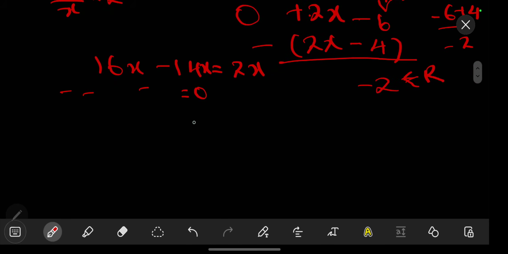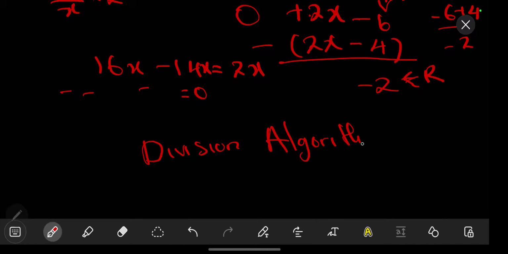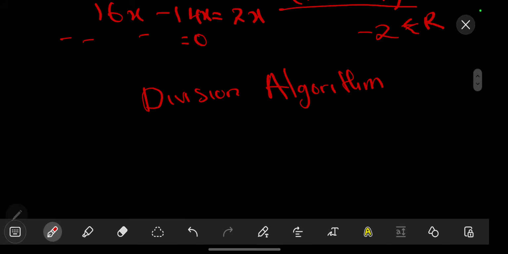So now, sometimes in an exam, they might expect you to express it in a division algorithm. The division algorithm requires us to express the polynomial in the form the divisor times the quotient plus the remainder.